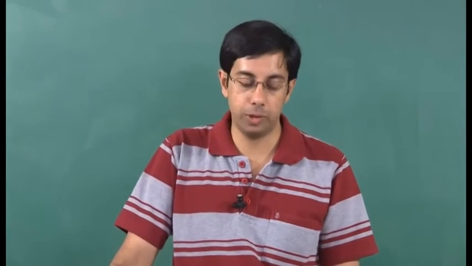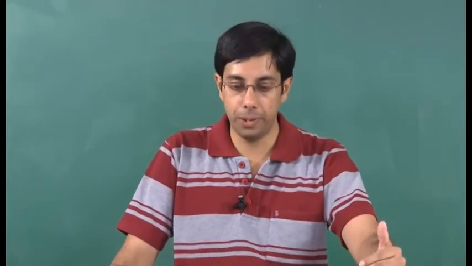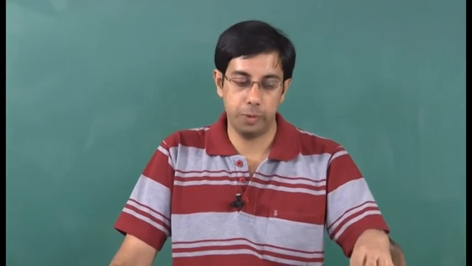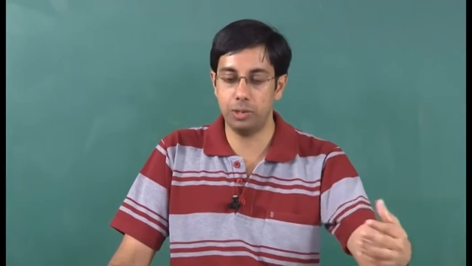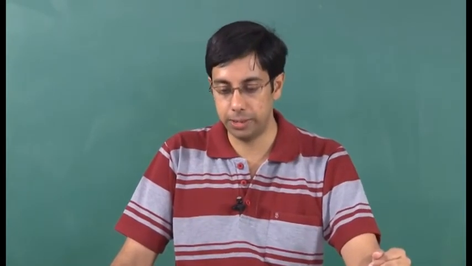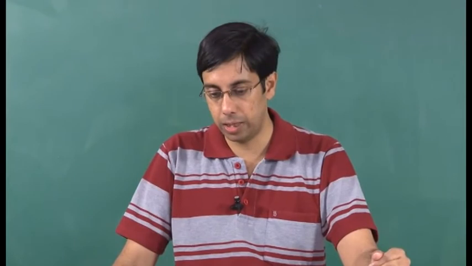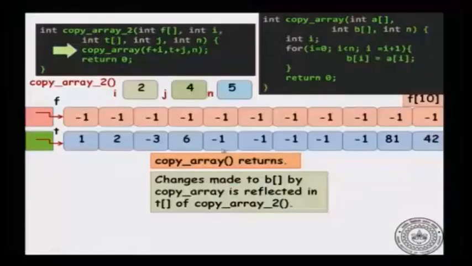But then because of pointers, it was actually working with the arrays in copy array 2, right? So even when you erase all the memory allocated to copy array, once you return, these arrays would have been changed. These 5 locations starting from f plus 2 have been copied to these 5 locations starting from t plus 4. Okay. So changes made to B by copy array is still maintained after you return to the calling function copy array 2.